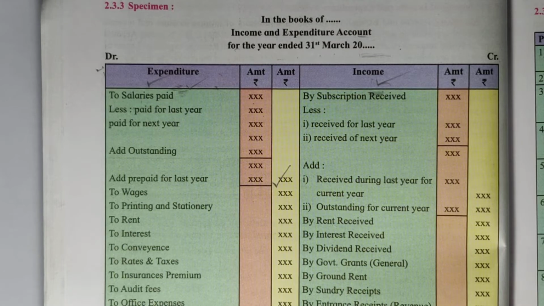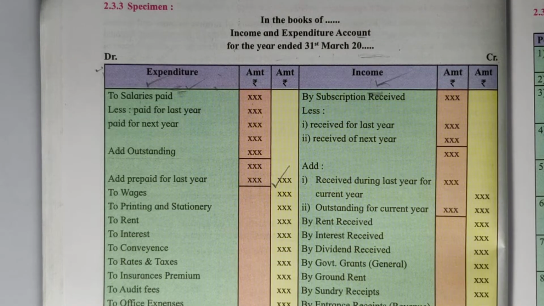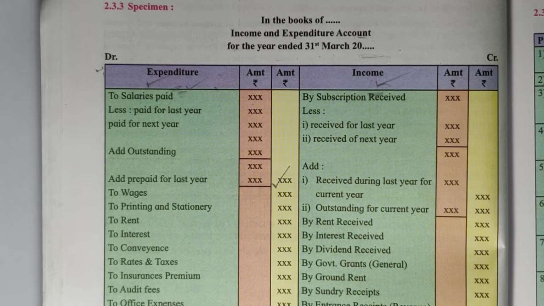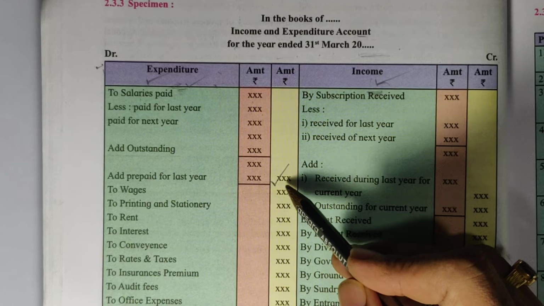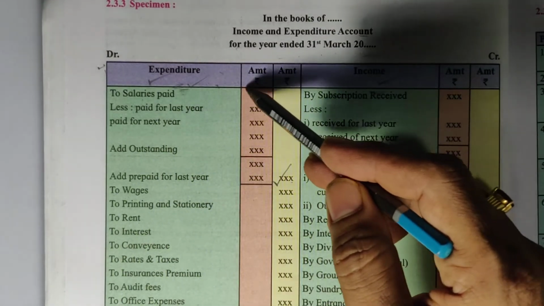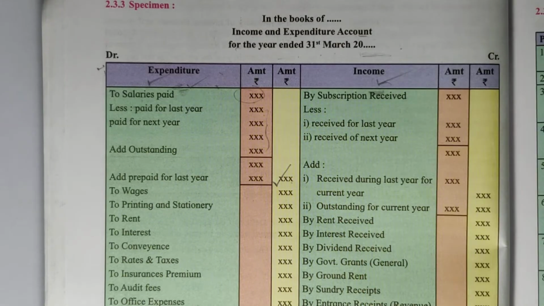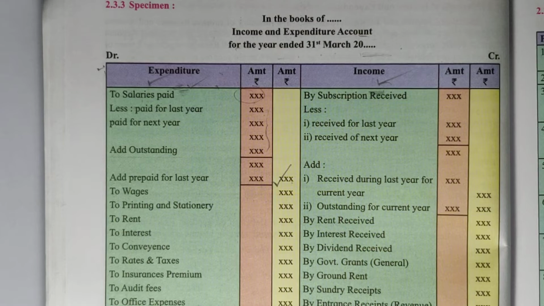So we have to add or deduct the outstanding and prepaid salary for current year, previous year and preceding year, and then the final amount, that is the net amount, is to be considered while totaling. So this is the salary paid during the year, add or less adjustment items. These adjustments part we will see afterwards.